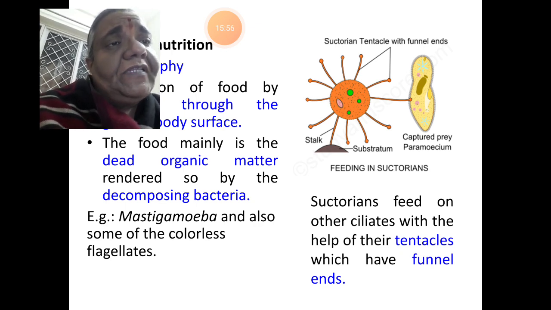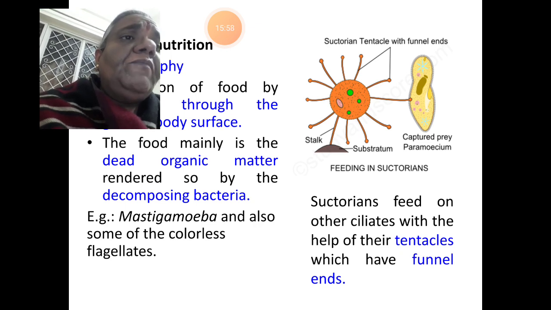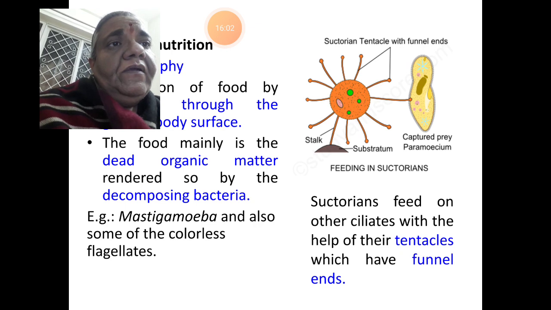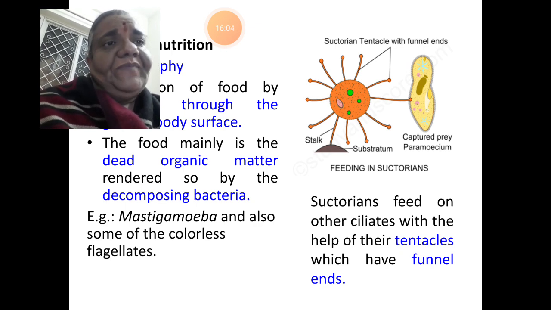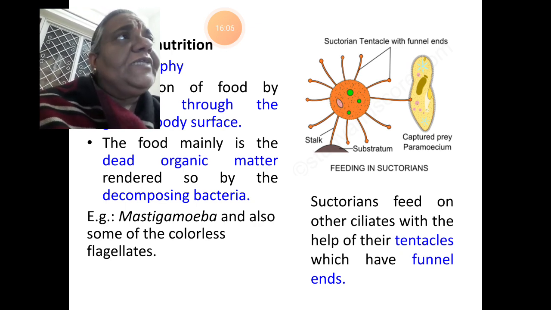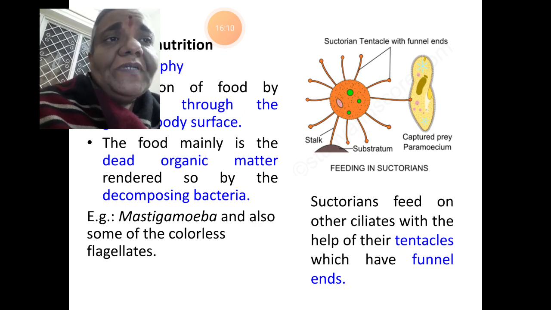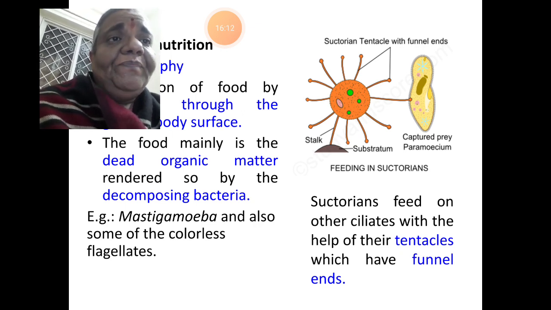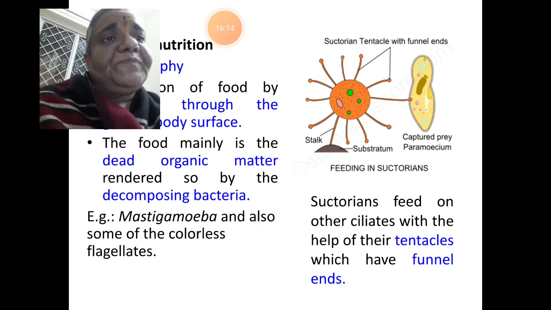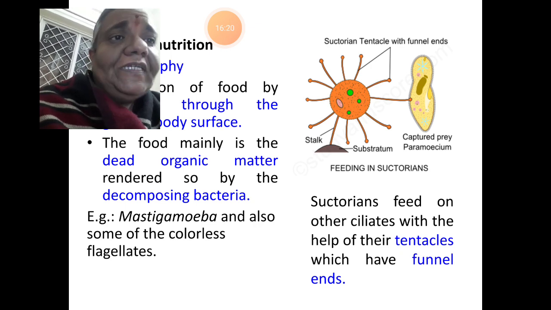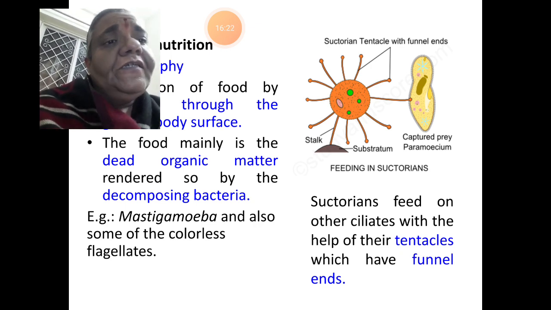The moment they see the ciliate protozoans, the funnel end secretes a chemical that paralyzes the prey. Once the prey is paralyzed, the nutrients are sucked from it and taken inside the cell. This is the saprozoic mode of feeding in Suctorians.